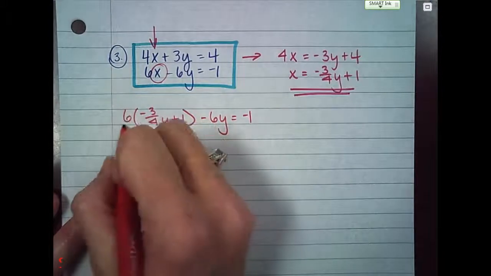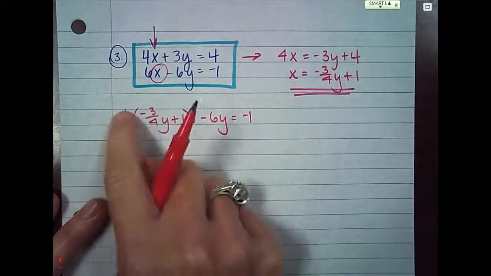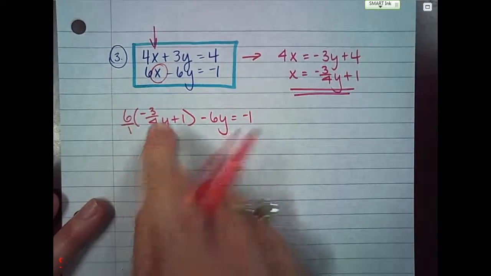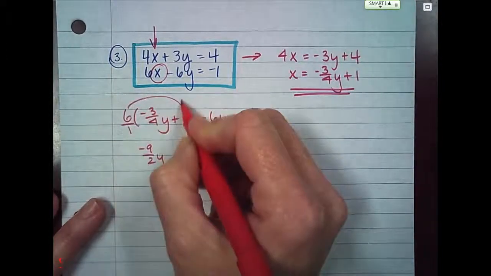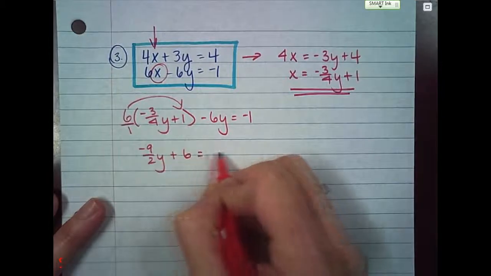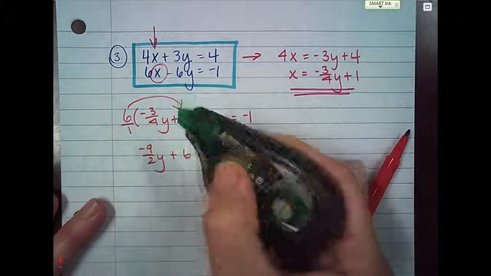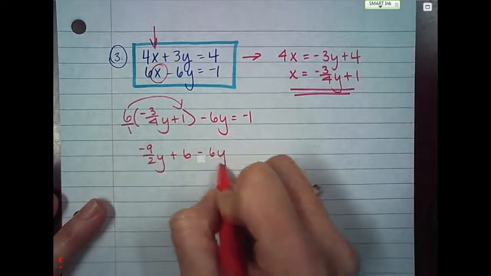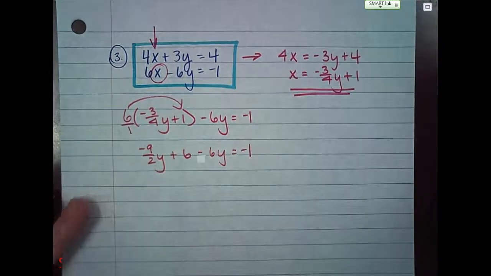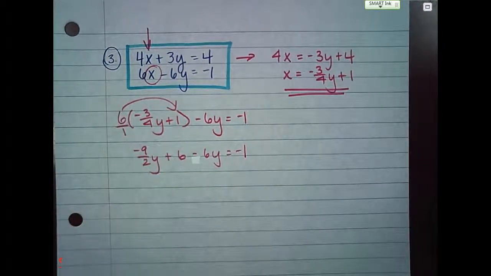This, I'm going to put this over 1, might help you, but I get negative 18 over 4. That reduces to negative 9/2. And then you got to go here, so plus 6, minus 6y equals negative 1. What's my next step? Multiply everything. Well, you don't have to.